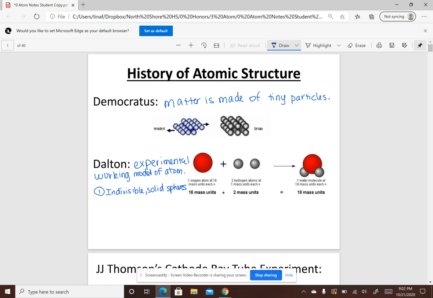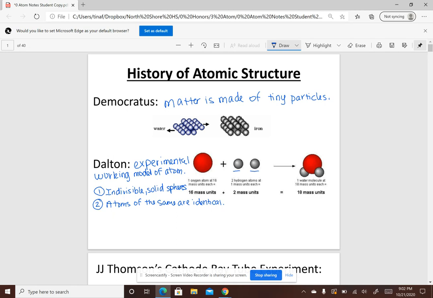Okay. Second thing that he thought, that atoms of the same element must be identical. So if you look at this example here, if you look at hydrogen, here are my two hydrogen atoms.